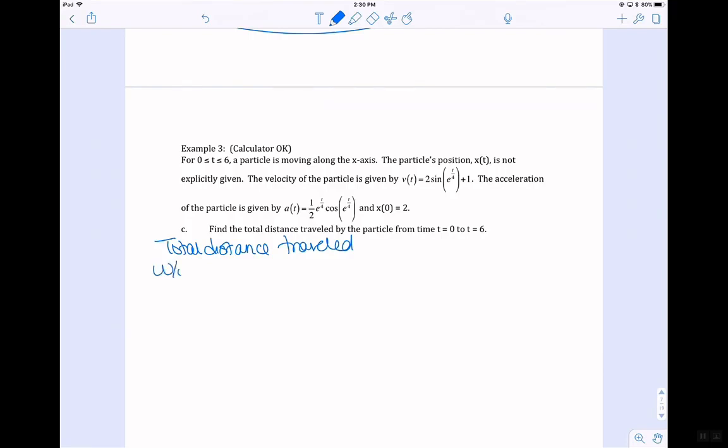Without a calculator, remember that you have to see where the particle actually moves from the left to the right, because total distance traveled is different from displacement. When I move to the left, that is a positive distance for total distance traveled, whereas for displacement, you count it as a negative. So total distance traveled basically takes the absolute value.